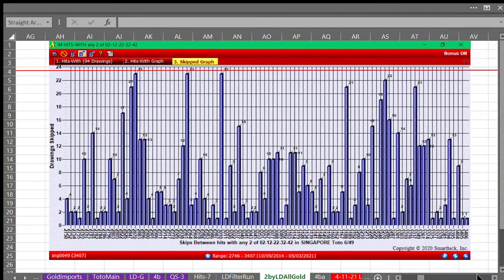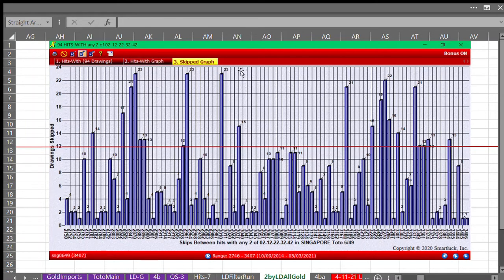So if we look at the last digit 2s, again, I forgot to remove the bonus, but you can see you have the same maximum skip. It still occurs about 22, 22, 22. All right. So that should be generally standard for all of the numbers. I can generally make that assumption that that'll be the skip.